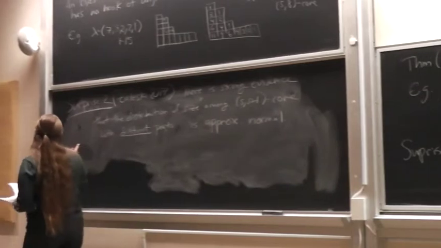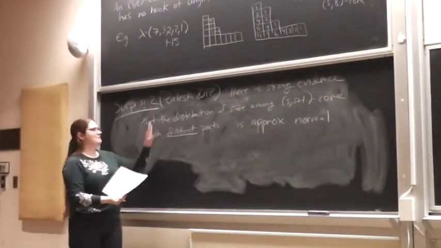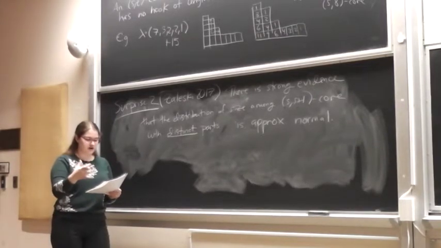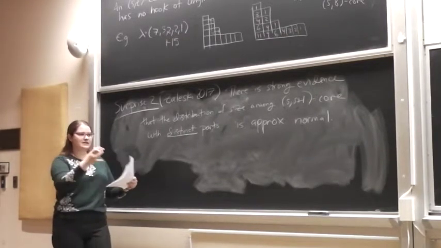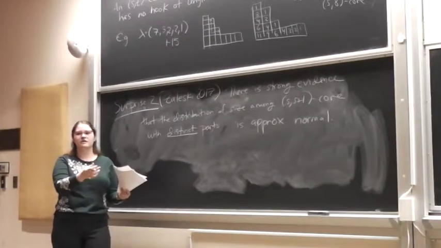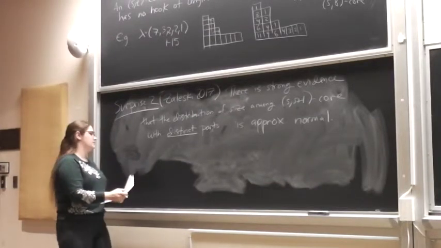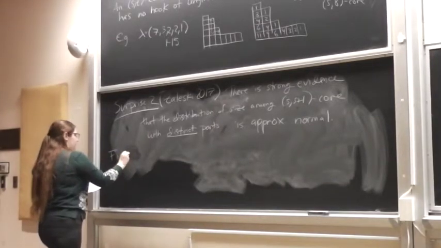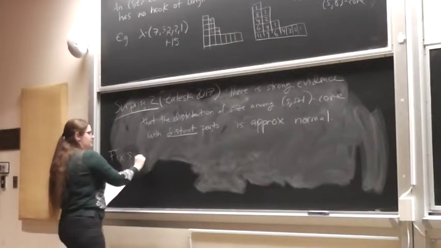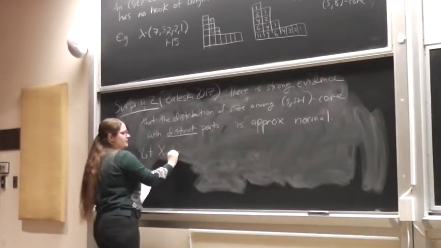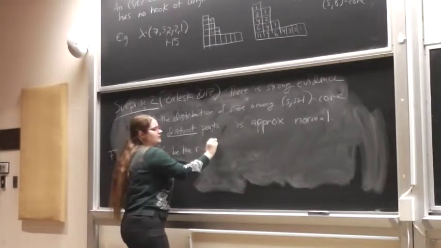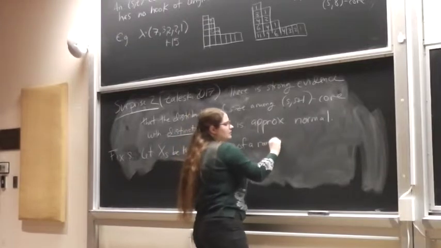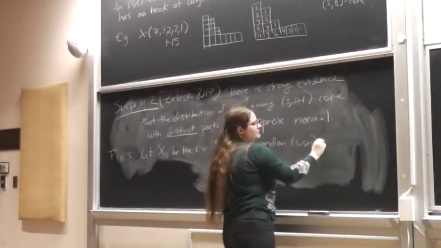So the main result here is that we prove this statement that Zaleski gave us really strong evidence for, but we prove actually something a little stronger because instead of just making a limit statement, we give some kind of control about how quickly this limit converges. Okay, so we're going to fix s, and we'll let X sub s be the random variable size of a random s, s plus 1 core with distinct parts.